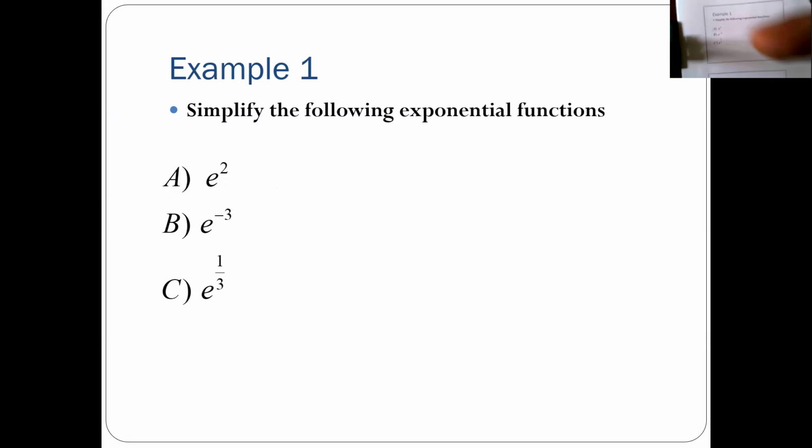As you can see in PowerPoint, we have e to the 2nd power, which if we do that on the calculator, comes out to 7.38 when you work it out.